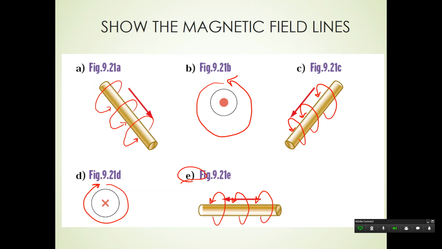Relative to this wire here, where is the magnetic field pointing upward? At the top? Anyone else? In front? We got one wrong answer for sure because there's two different answers. Underneath? Underneath. Okay, so now we have two wrong answers and one right answer.